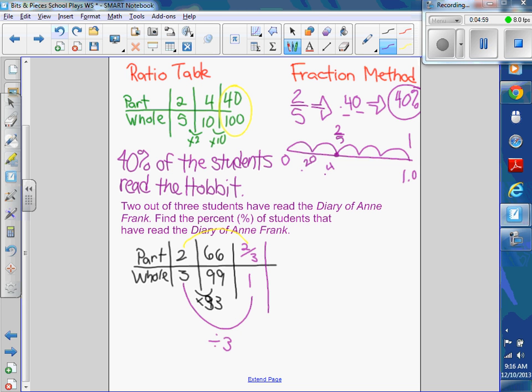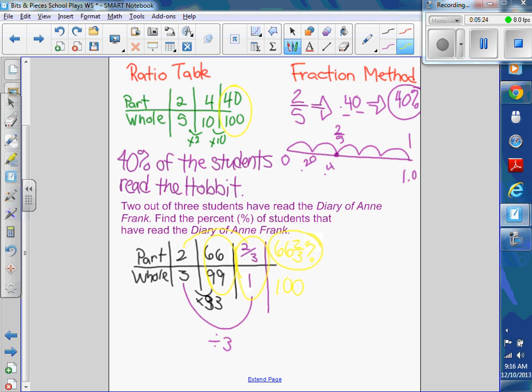So now I can take my columns and add 99 and 1 and get 100. So I have to add 66 and 2/3, so I get 66 and 2/3%. It works as long as you understand you're trying to get 100 on the bottom and you can always get that 1. Some people like that method the best.